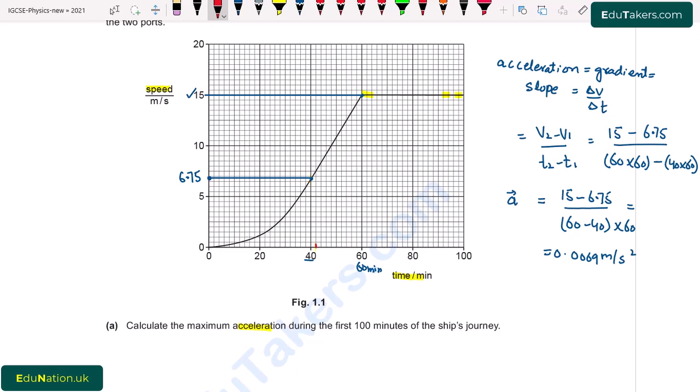On the x-axis, one big box is equal to 20 minutes and one small box is equal to 2 minutes. So at this point, time is 42 minutes. And at this point it is 100 minutes. We have to calculate the total distance between 42 to 100 minutes.